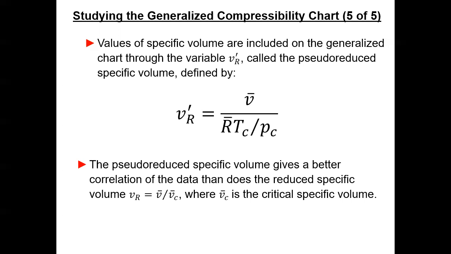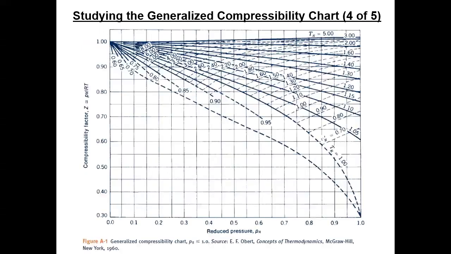But when they try to use that on the table, it doesn't correlate very well. So any crafty engineer is going to go, well, all right, we're going to get creative here. We're going to make up a new variable and try to find something that'll correlate better so that our nice little curves look nice and smooth and pretty.